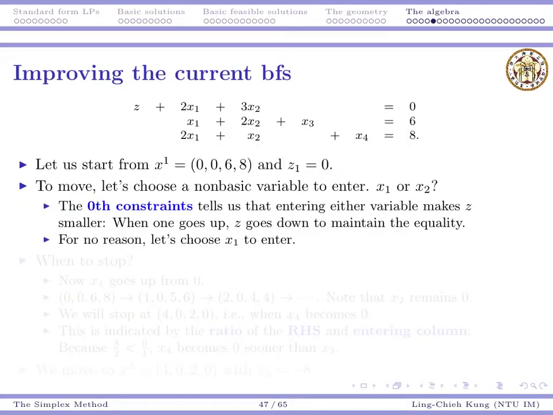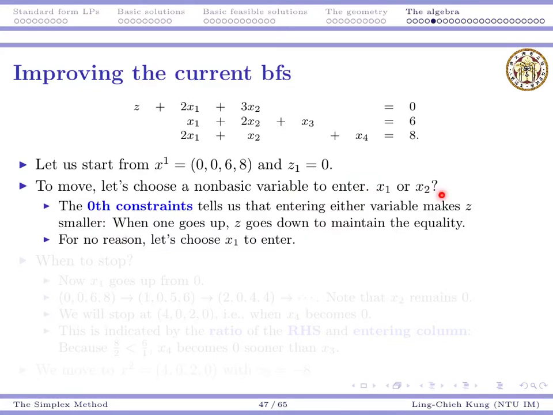So now let's start from x1. Our initial basic feasible solution has x3 and x4 being basic, the other two non-basic or 0. With this, the objective value is also 0. Now we know we want to somehow move to a better basic feasible solution. So we need to choose a non-basic variable to enter. Here we have two candidates.